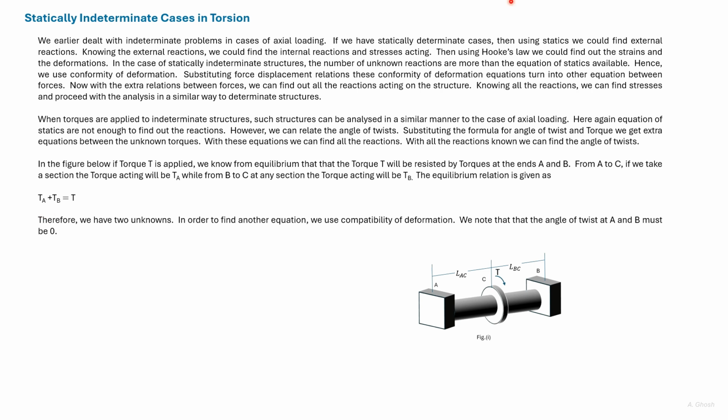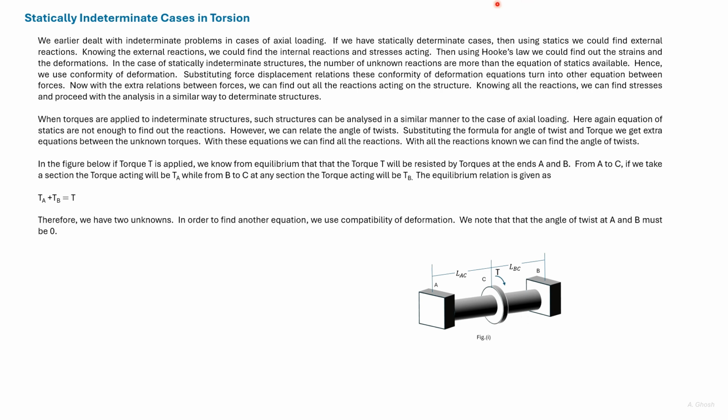Now consider a section taken between A and C. Then considering from the left-hand portion, the torque acting will be TA. And consider another section taken between B and C. Now considering from the right-hand side, the torque acting on the section will be TB.